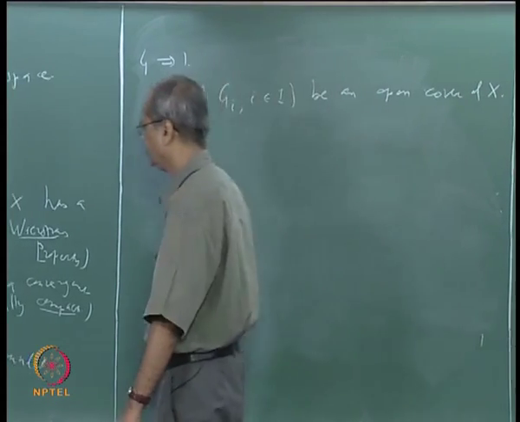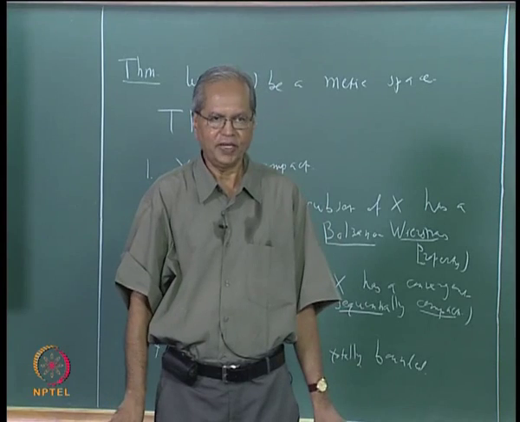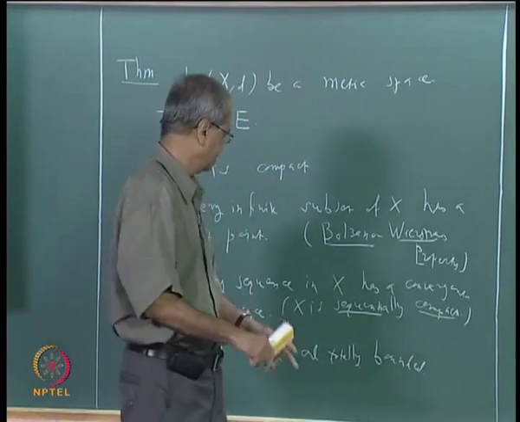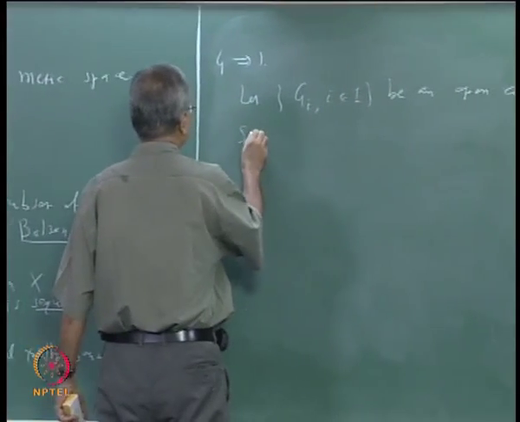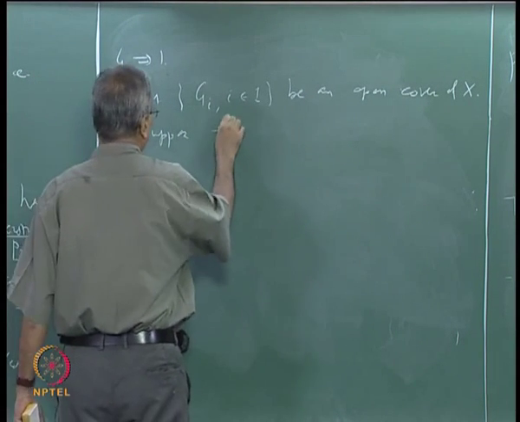Now suppose this has no finite subcover. Then we will get a contradiction.